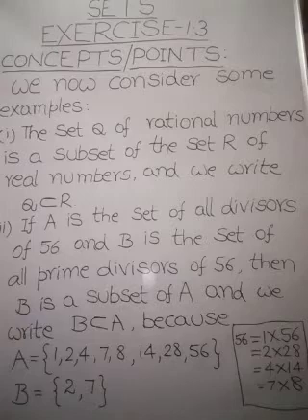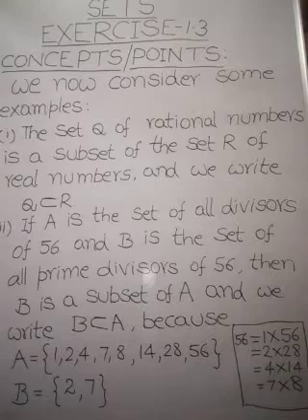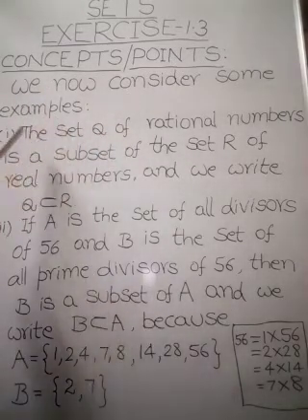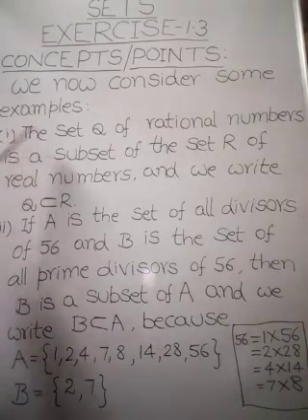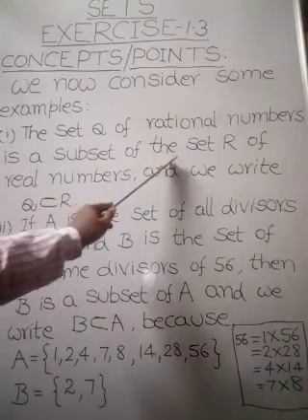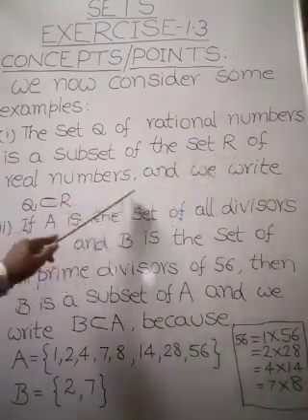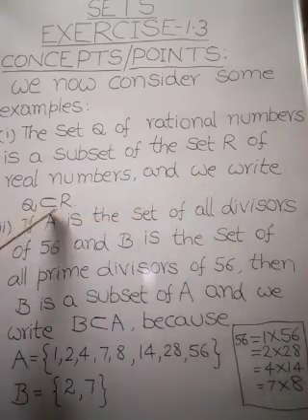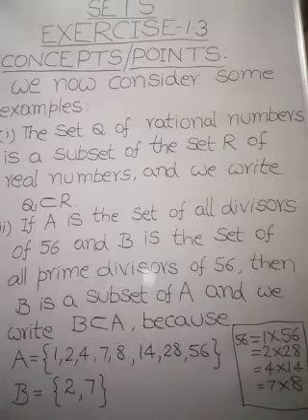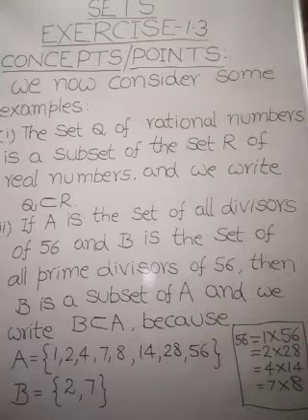Now, let us consider some examples to understand the concept of subset. See the first example. The set Q of rational numbers is a subset of the set R of real numbers, and we write Q ⊂ R. You know that the set of real numbers includes all rational numbers and all irrational numbers.